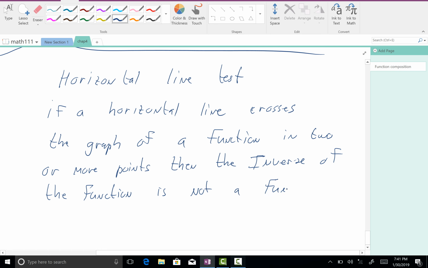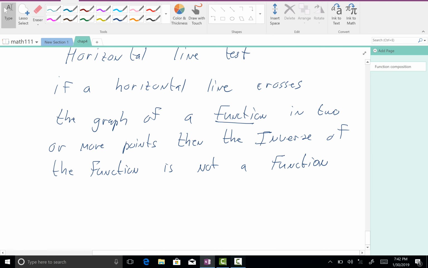I don't know if I worded that very well, but okay. So if a horizontal line crosses the graph of a function in two or more points, then the inverse of the function is not a function.